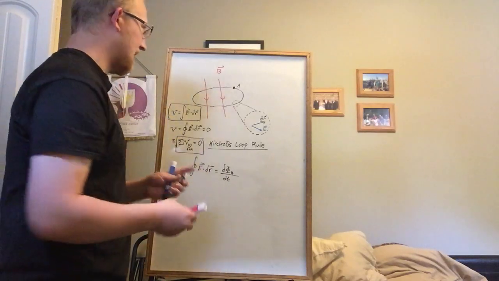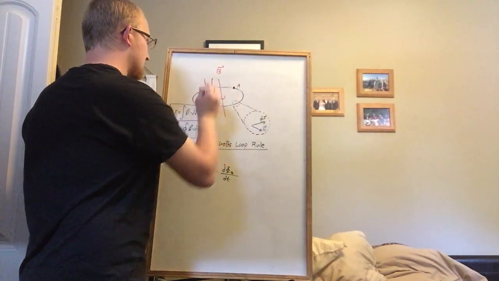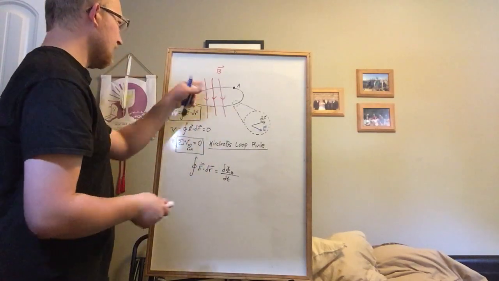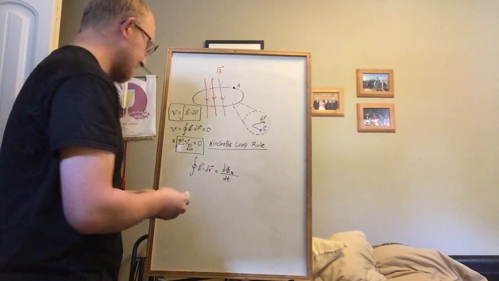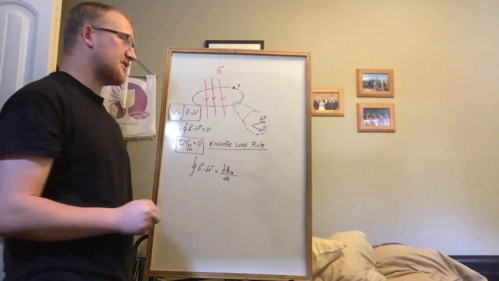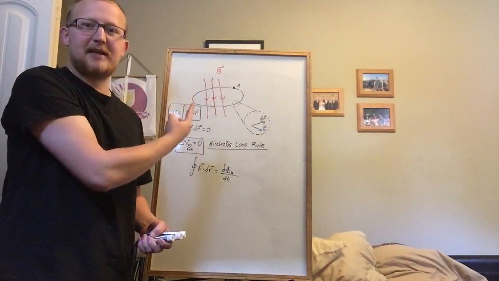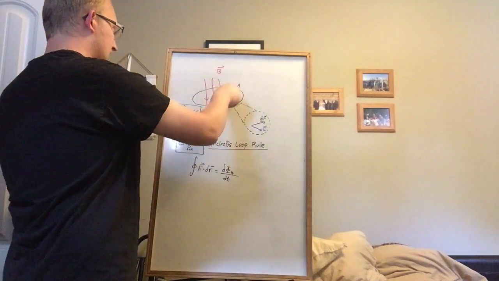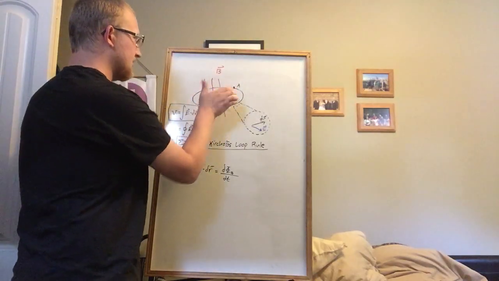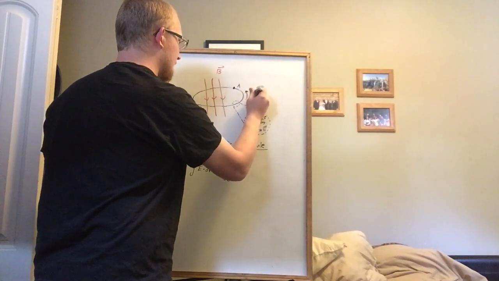But what happens if at 1 second there's 2 flux lines, and then at 2 seconds there's 3 flux lines? Well, now we've had a change in magnetic flux. The flux has increased, and so actually an induced voltage will happen in this coil in order to move current around and create an opposing magnetic field. So the current is going to try to oppose the increase in flux lines going down, and so it's going to induce a current that's going to go this way.